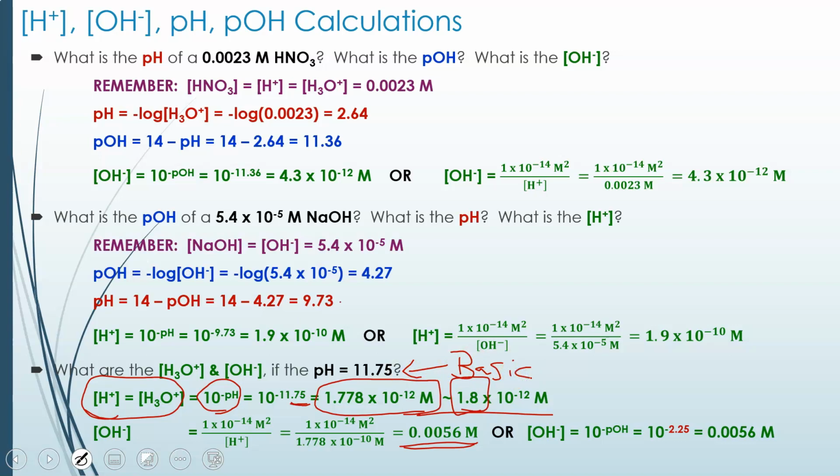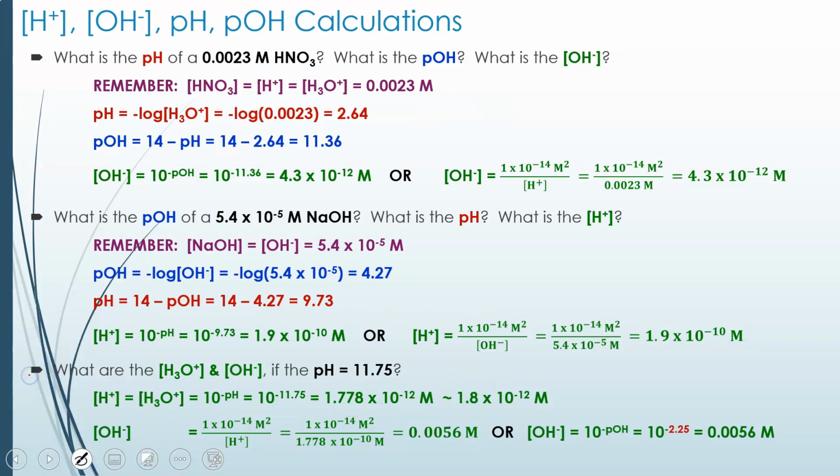And just looking at these, this tells us it's also basic. And this pH here tells us we're quite basic, while a low pH would tell us acidic. So the pH or the pOH can tell you whether it's acidic, basic, or neutral very quickly. And you'll notice we have an alternate way, again, of getting the OH minus concentration.